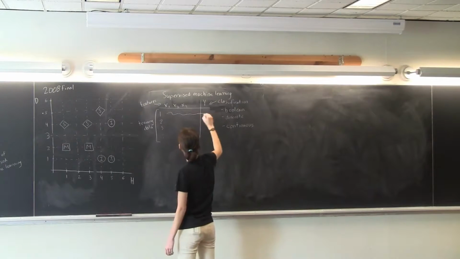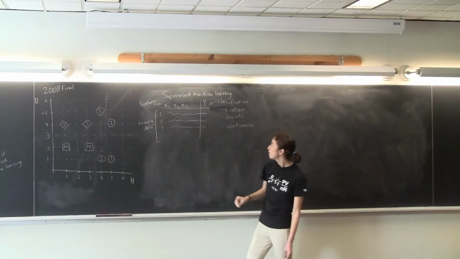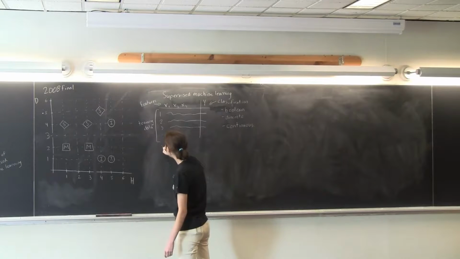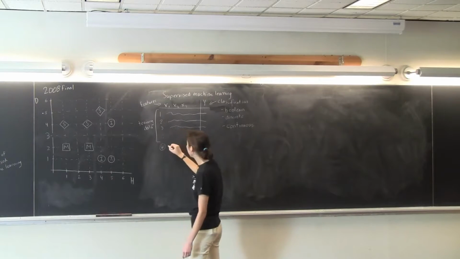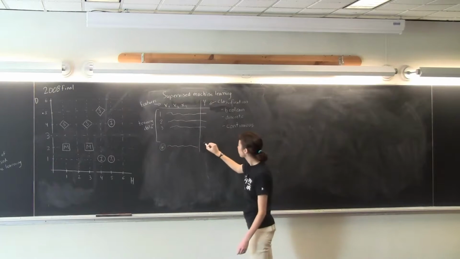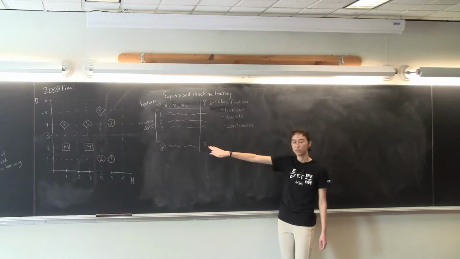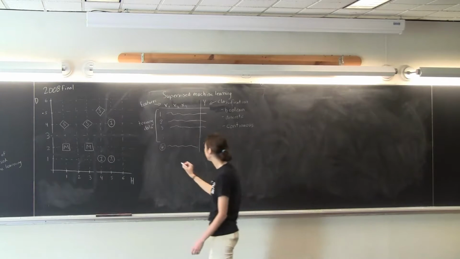So all of these training points have known features and known classifications. All that information is given. Then the objective is we have some unknown point that has a bunch of known features, but we don't know its classification. The overall goal of supervised machine learning is to figure out that point's classification.